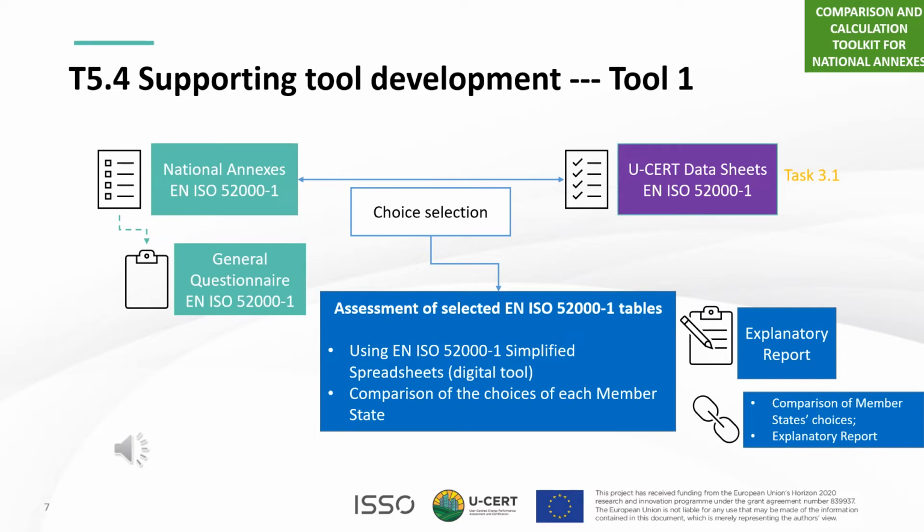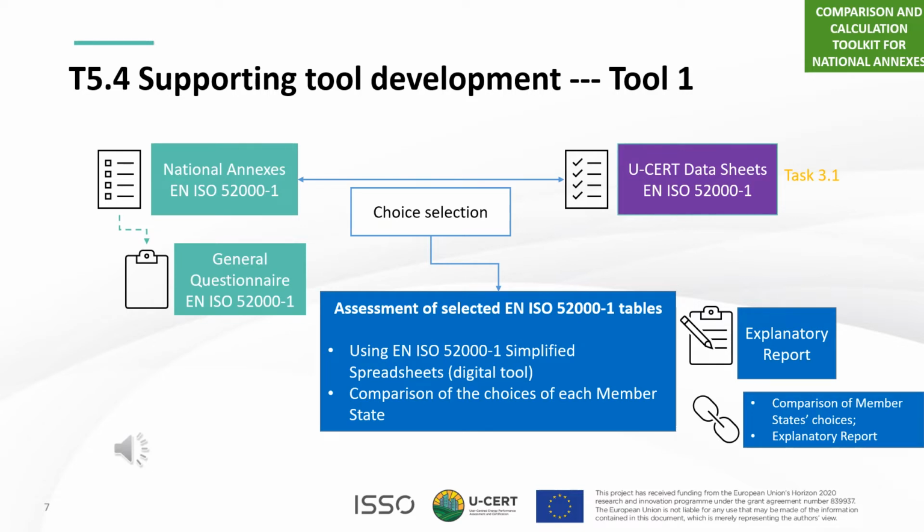For the other tables, always selected in task 3.1 and belonging to standard EN ISO 52000-1, but which are not covered by the simplified spreadsheets, the assessment has been done by making a cross-comparison of the member states' choices made on these tables.